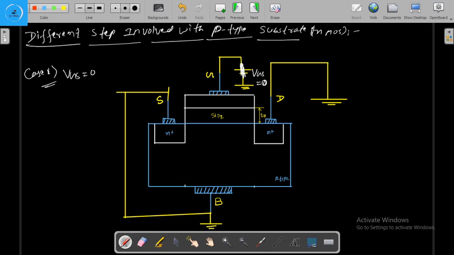In this case, when the gate to source voltage is 0 and the drain to source voltage is 0, and the source is connected with the substrate, only the depletion region exists, like this.